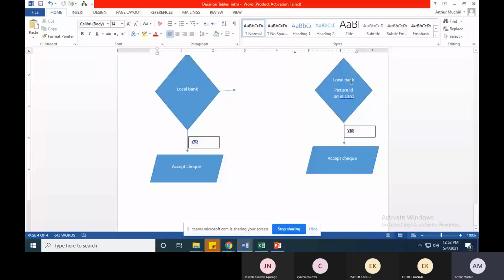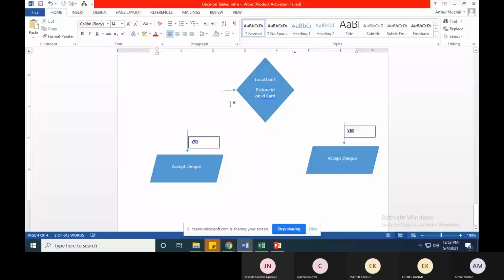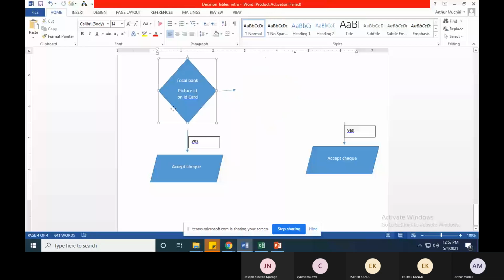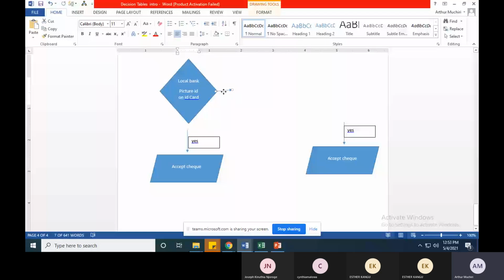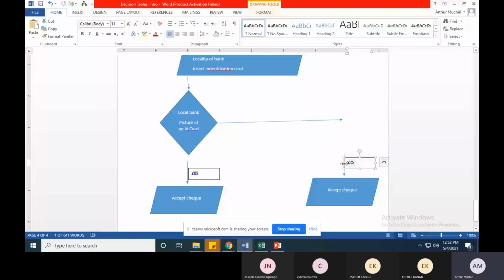So this one you can delete here. So it will only accept check from people who are from local banks and whose identification card has a picture ID. Anything else, it will automatically reject. I think that one will simplify things for us.